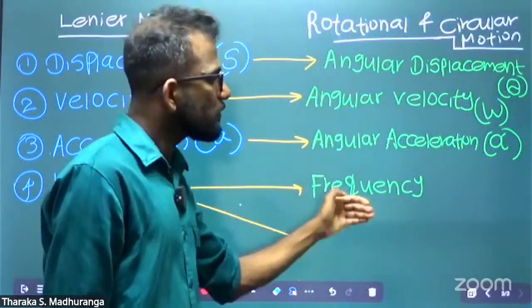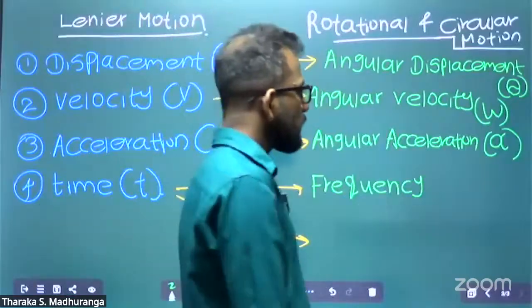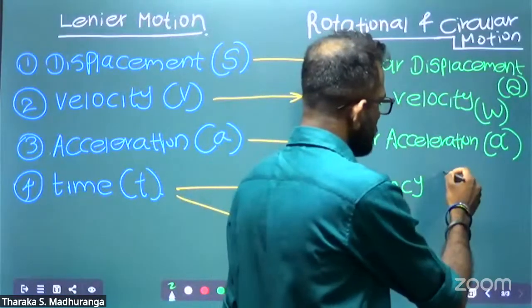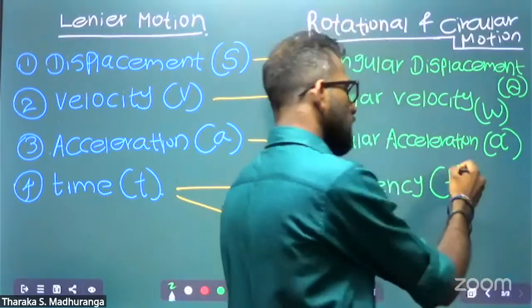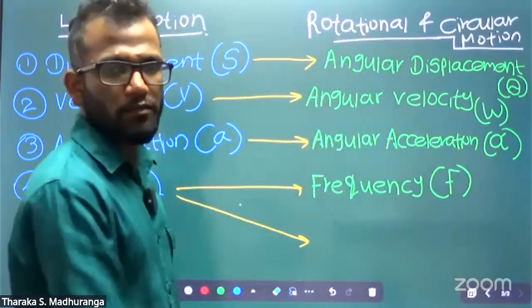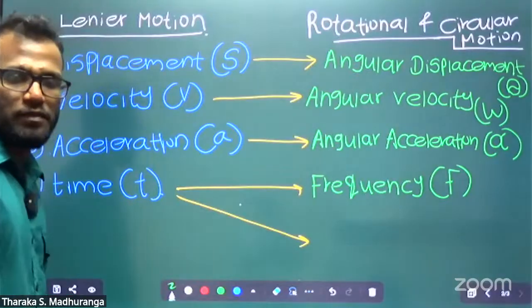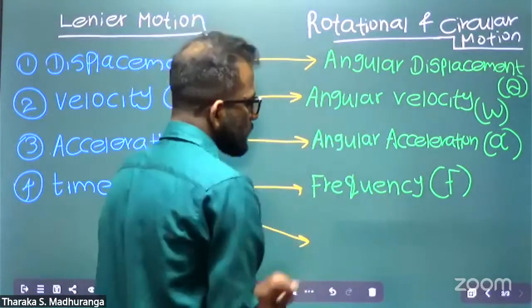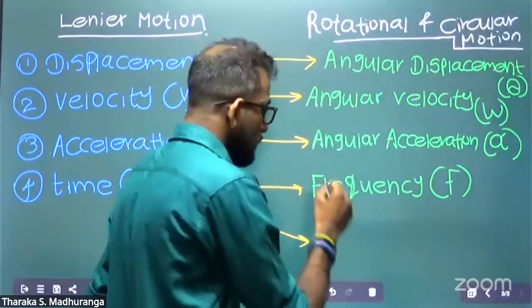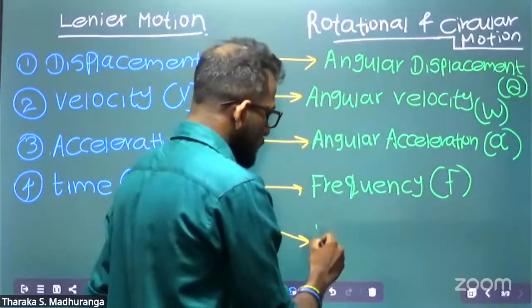Get familiar with this name. The frequency symbol is simple f, not capital F. Instead of time, we use another quantity called periodic time.